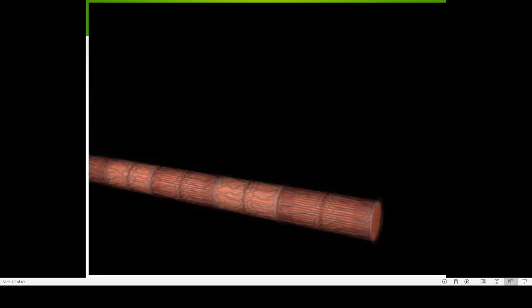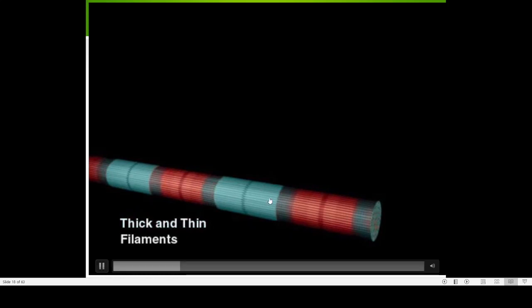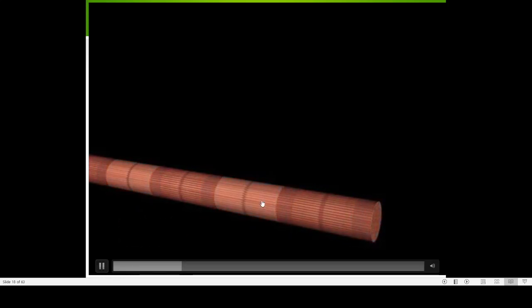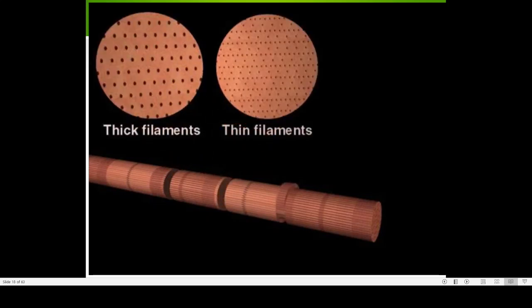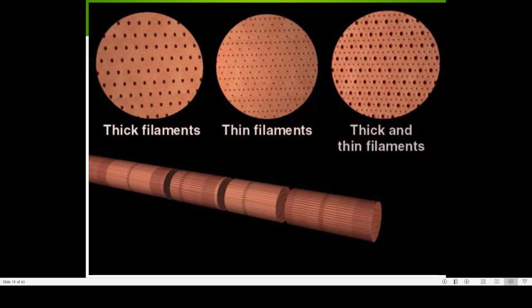We are going to get a close-up of that, and this is the myosin filament, which we call the thick filament, and this is the actin filament, which we call the thin filament. Now we are taking a cross section, and we will see how the entire portion is arranged.